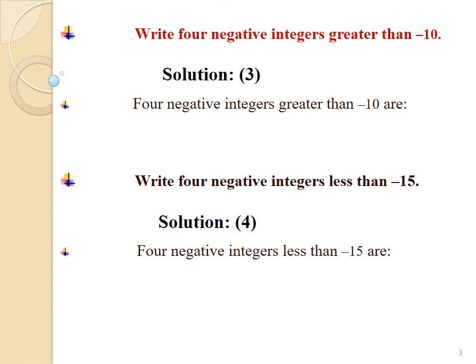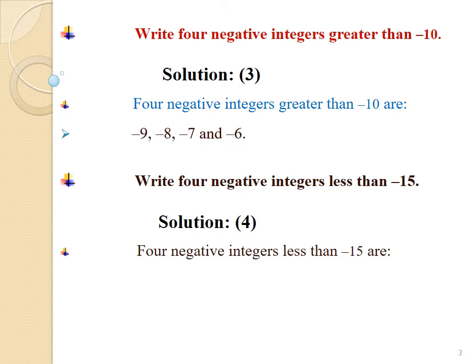Thus, to write 4 negative integers greater than minus 10, we have to write the negative integers having smaller numerical value than minus 10. Thus, 4 negative integers greater than minus 10 are minus 9, minus 8, minus 7 and minus 6.